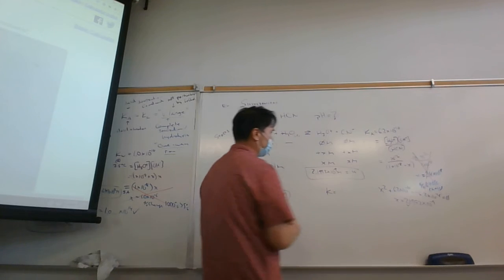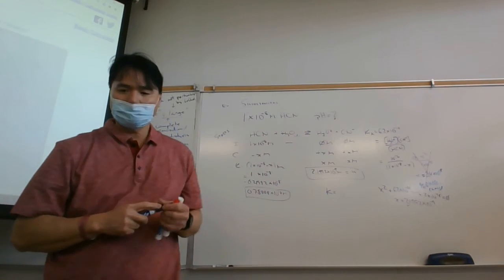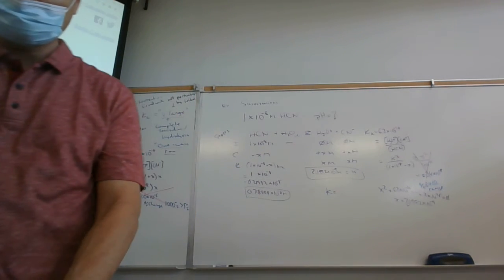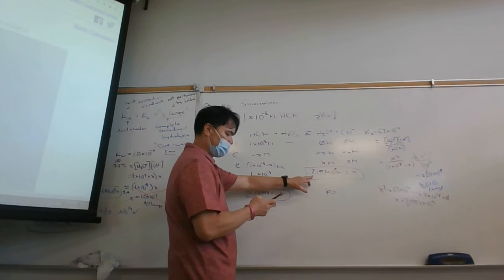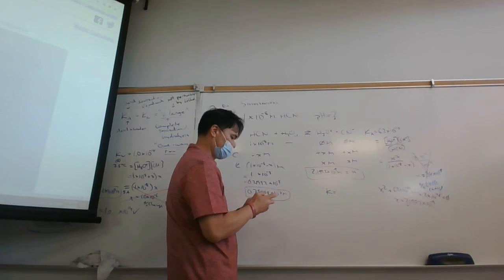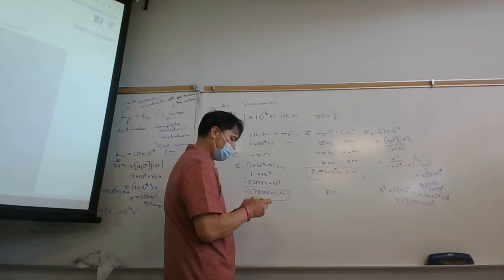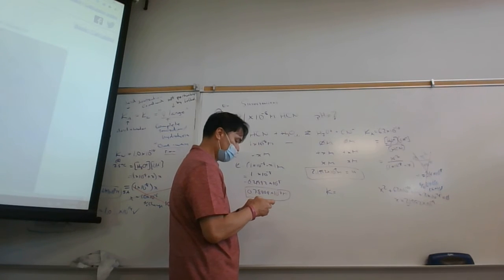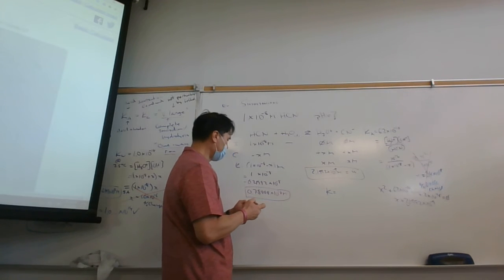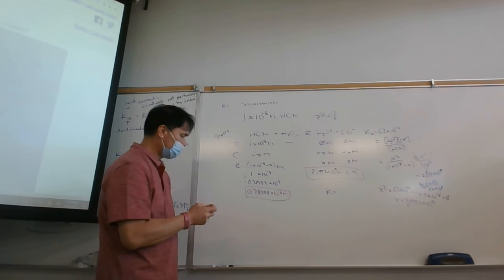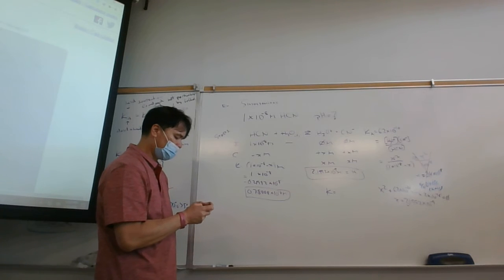Well, let me double check that because it should be 10 to the minus 10. We must have made a mistake somewhere. Let me do this calculation here. So 2.1992 times 10 to the minus 9 squared divided by 0.78008 times 10 to the minus 8.